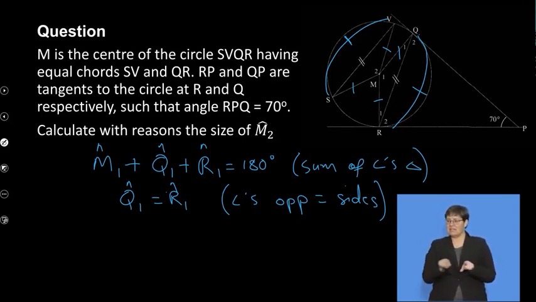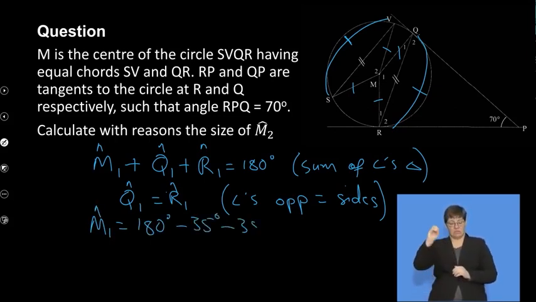It also makes R1 to also be 35. Then I can find M1 based on that, right? So I will then say M1 will be equal to 180 degrees minus 35 minus 35 degrees, which will be the same as 110 degrees.